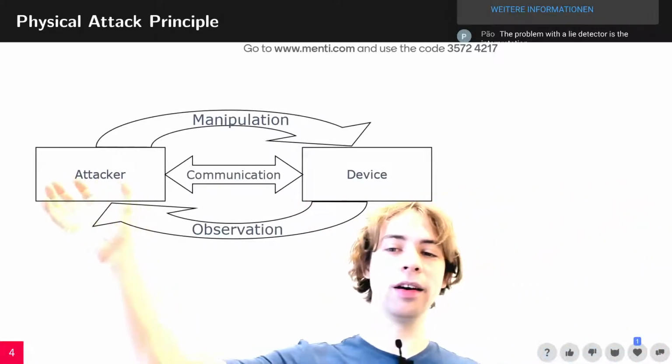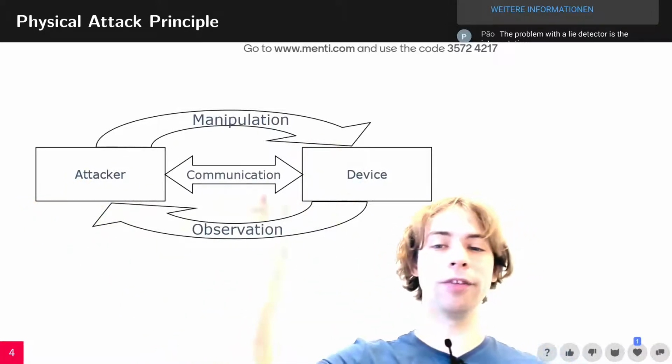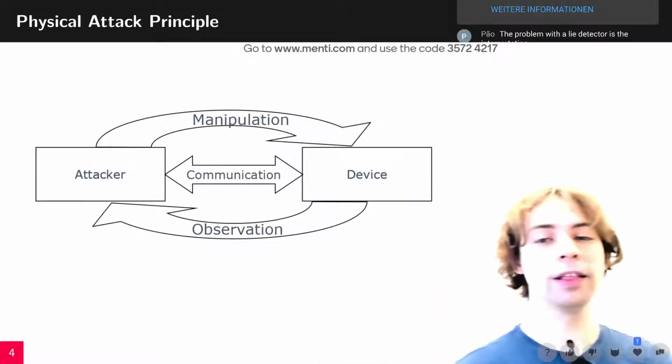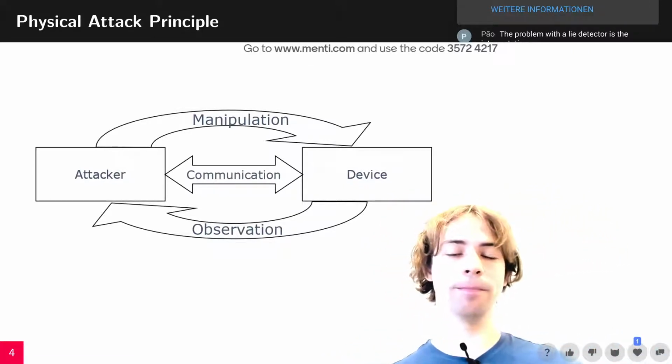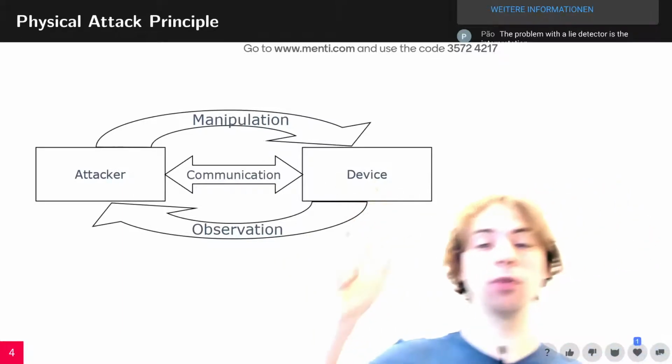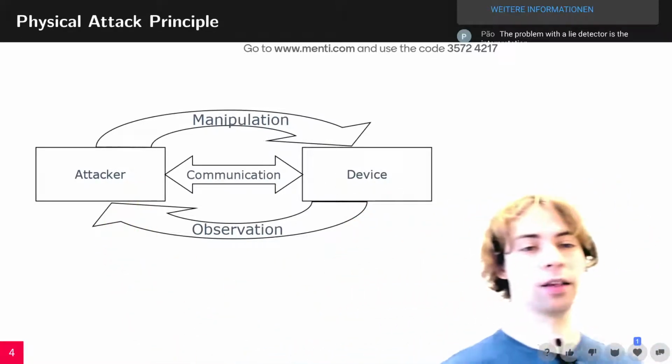So the attacker can actively manipulate the device, but the attacker can also communicate with the device and then try to convince the device of doing something, and then observing how the device reacts.